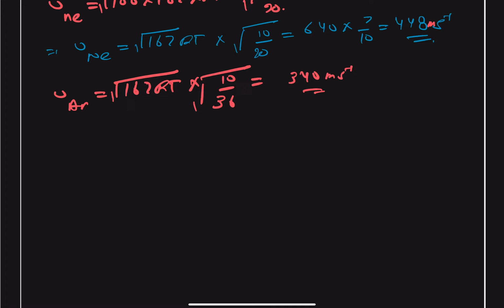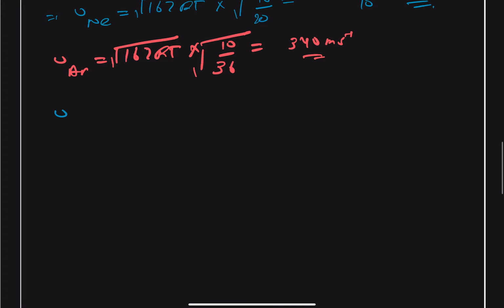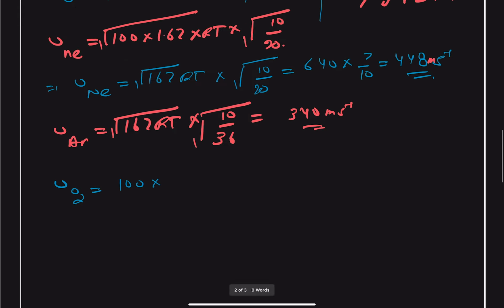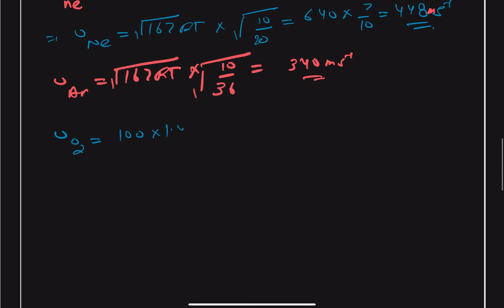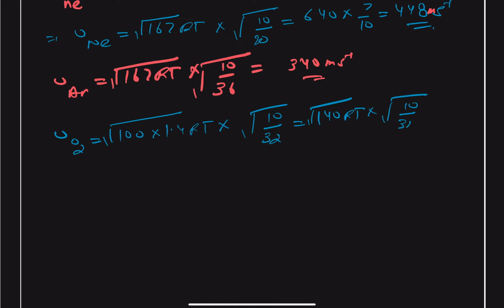Next is our velocity of oxygen. The velocity of oxygen we write as the square root of 100 multiplied by 1.4 RT, multiplied by 10 by 32. So this becomes the square root of 140 times RT multiplied by 10 by 32, and this gives us the velocity of oxygen as 331.8 meter per second.